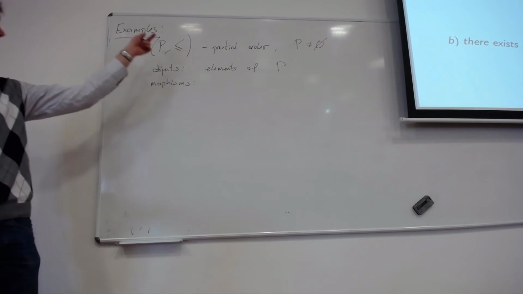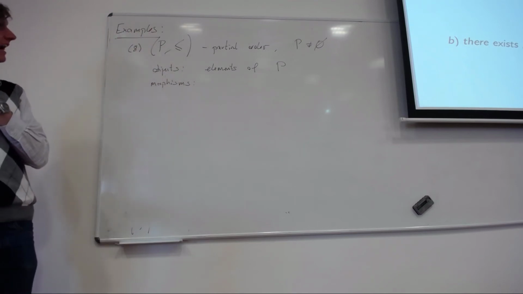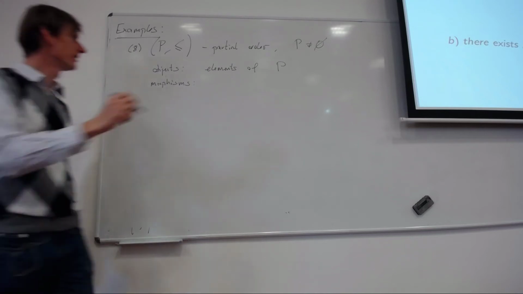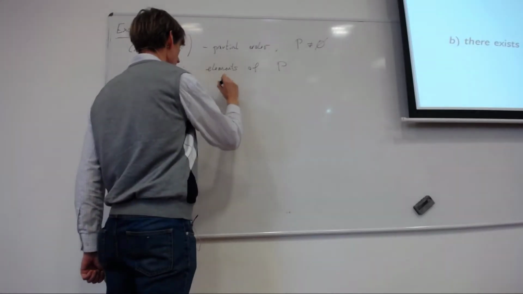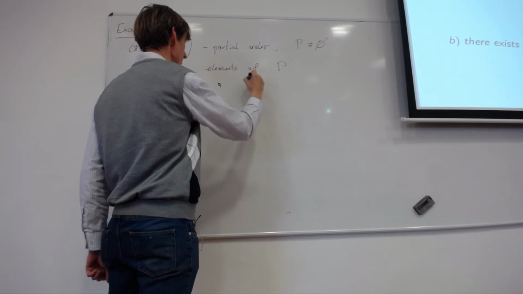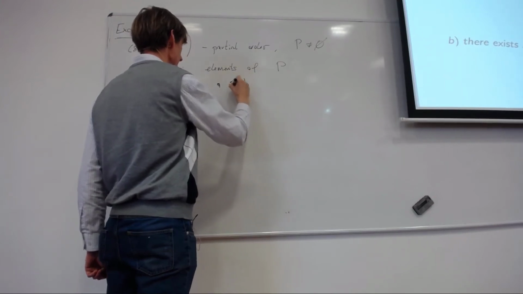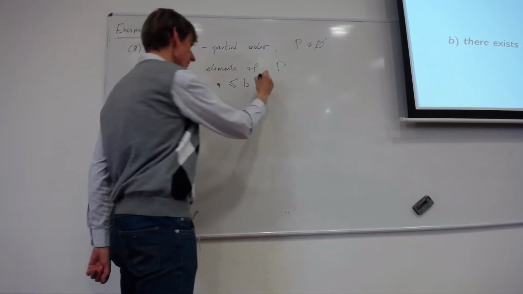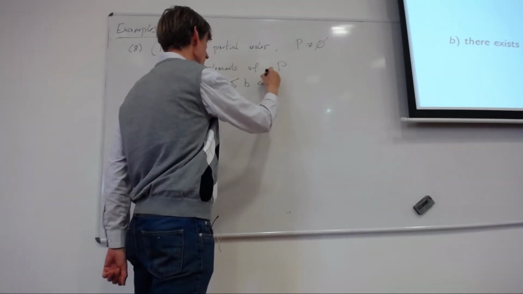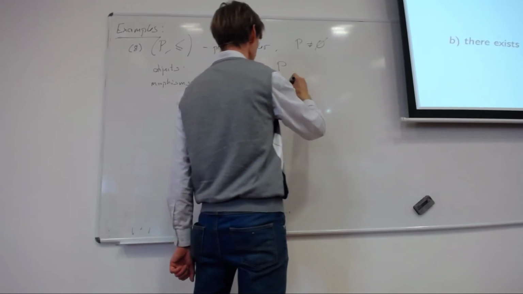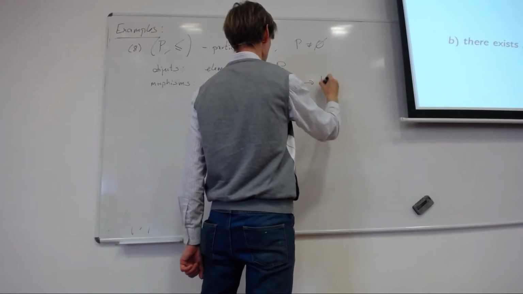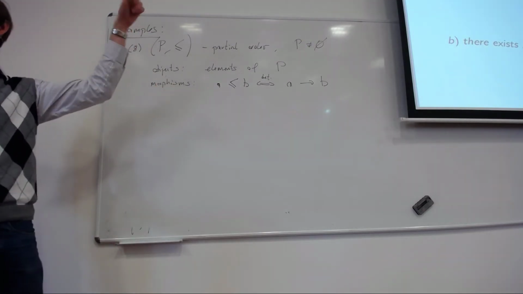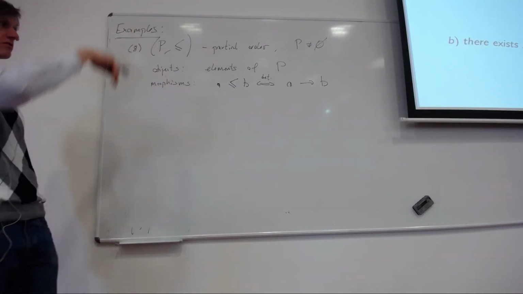Well, if we have two elements of this set P which are in a relation with each other, so if we have some elements A and B, and we can say that A is less or equal than B, then by definition, we can also declare an arrow that goes from A to B. So basically, we can draw the diagram of this relation.